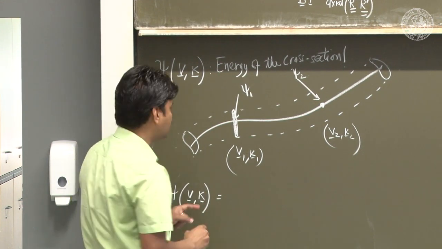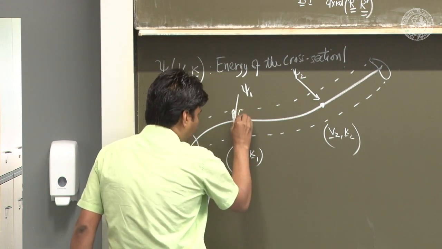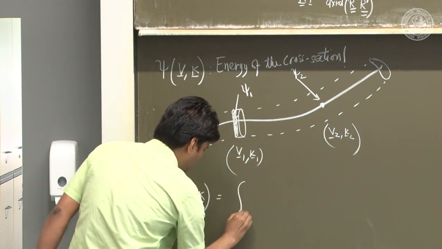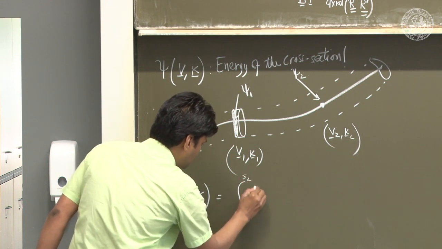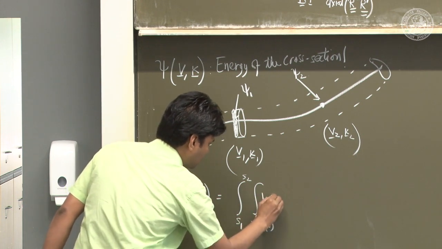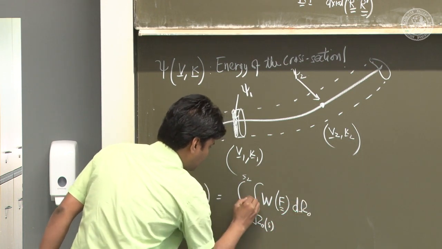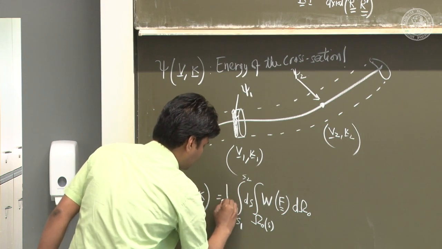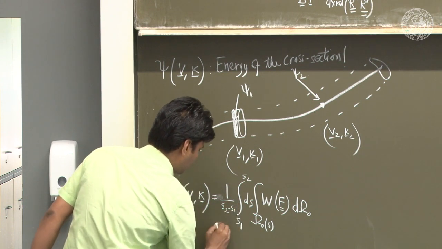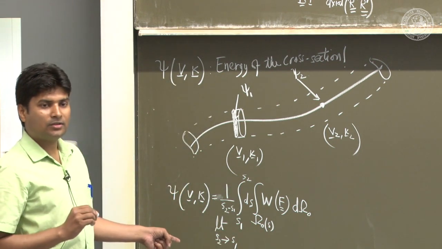Psi of v comma k. What is that? Can we say that that's the energy of a small domain here, S1 to S2 integral over omega naught of S? Can we write it?